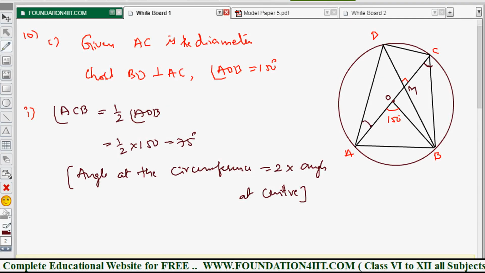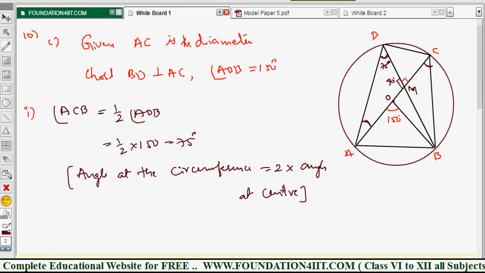So this angle you should find out. And if it is 90 degrees from triangle ADM, observe ADM, this is already 90 degrees, right? And one more is, AB is the chord, this AB arc is subtending at C and same arc is subtending at D. So this also must be the same 75 degrees.